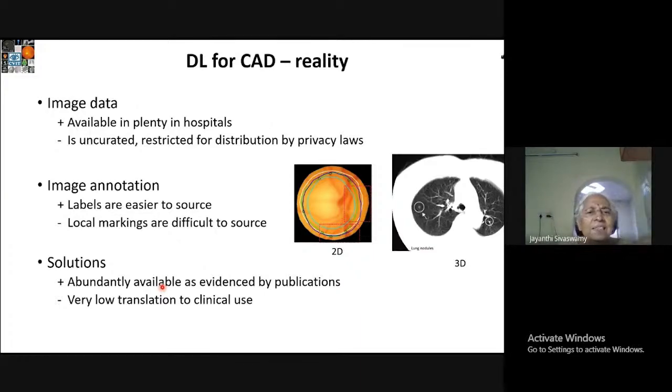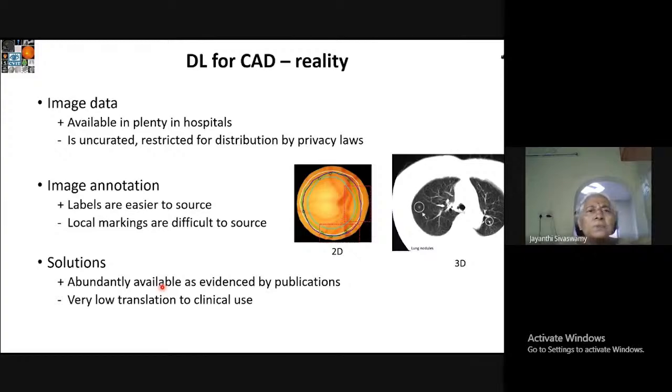However, the reality is so few of them have been translated to clinical use, meaning so few of those solutions go beyond a paper, become robust solutions that doctors can use in the clinic. So this is a major concern in the medical imaging domain now.